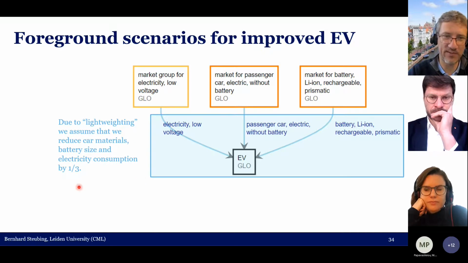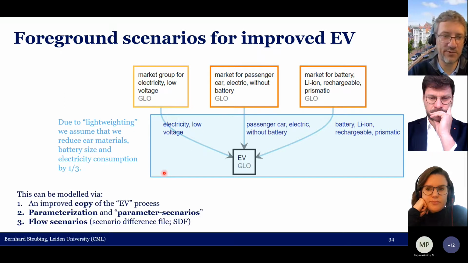It's just completely made up for the purpose of illustration here. I assume that lightweighting will lead to requiring less of the passenger car, less electricity, and less of the battery. That is the simple foreground scenario developed here, and less means we reduce each by 1/3.